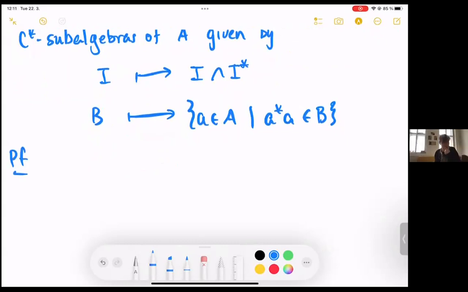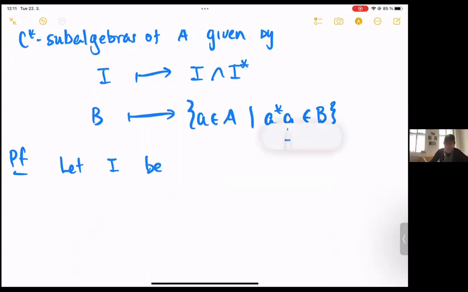Okay. So what do we have to show? Let's take a closed left ideal. We want to show that I intersection I star is hereditary.